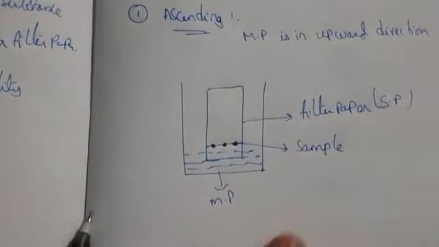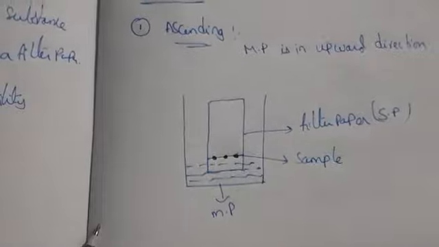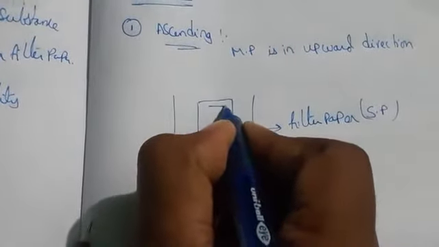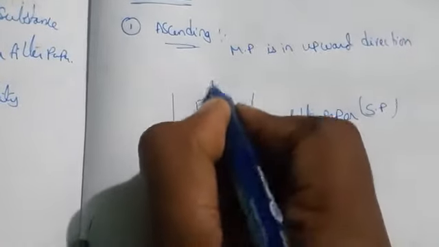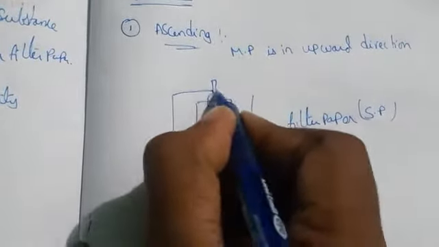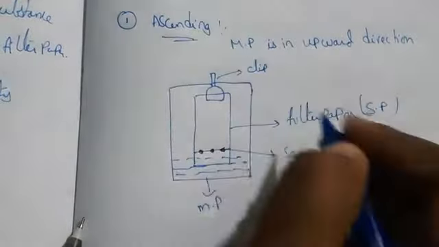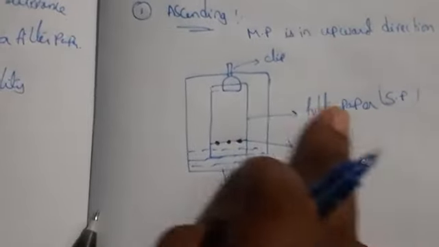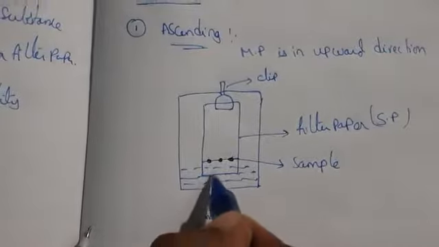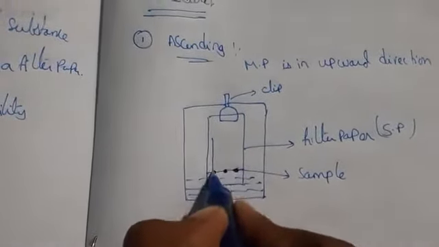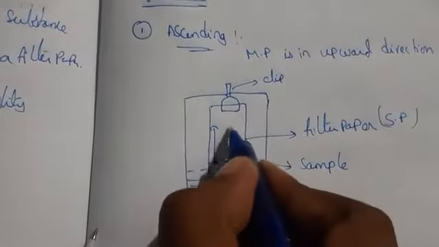Then this paper is kept on a clip, which is in a standard position. Now when the mobile phase passes through the stationary phase, the spots automatically move in different directions.